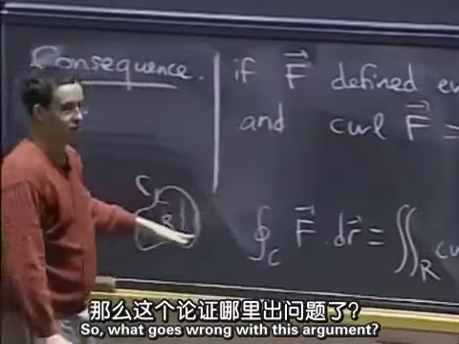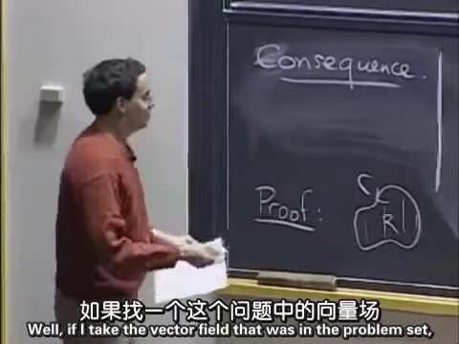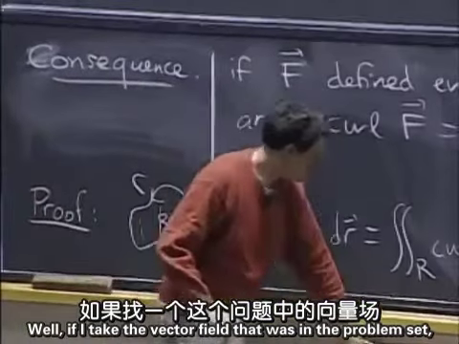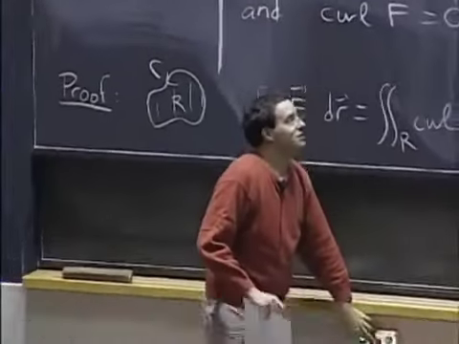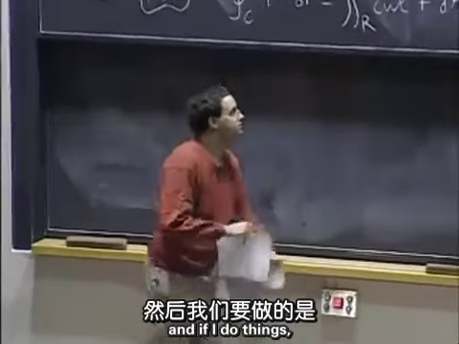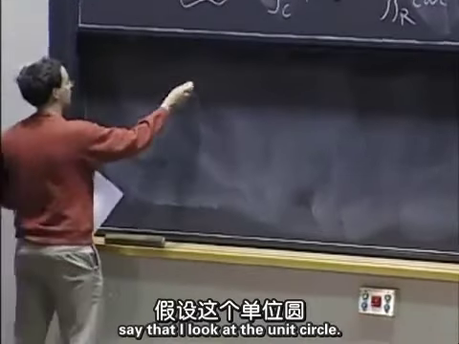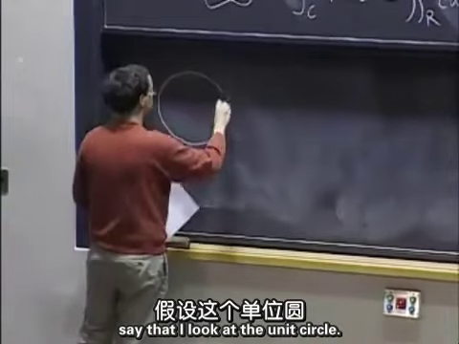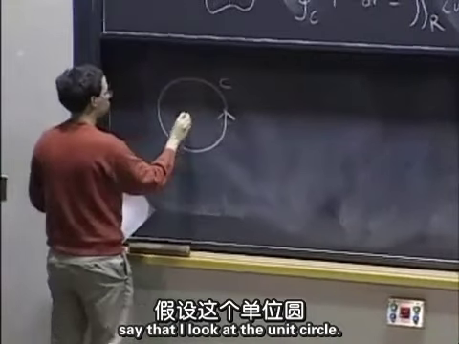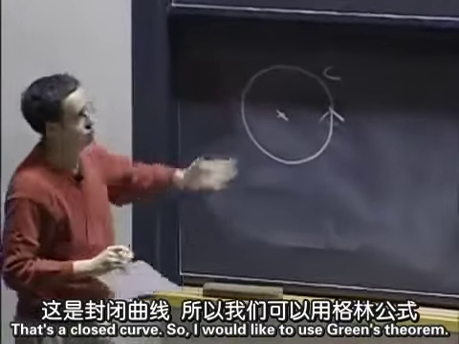So what goes wrong with this argument? Well, if I take the vector field that was on the problem set, and say that I look at the unit circle, that's a closed curve, so I would like to use Green's theorem.